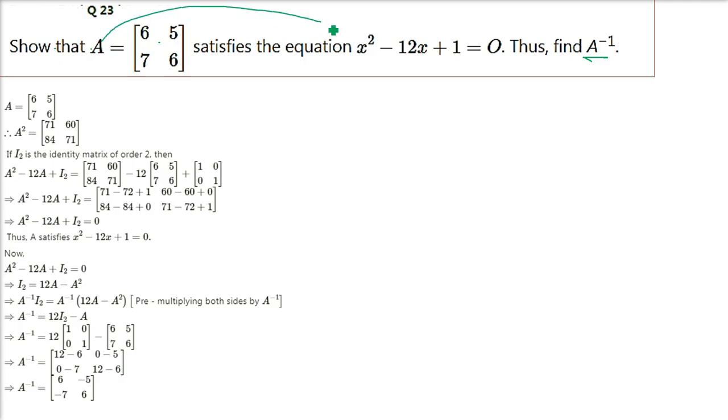A is actually satisfying here. So A squared minus 12A plus 1, you will not write 1 then. You have to write the identity element here, it will be I2. Then you do the same thing which I told you, and then you can find the A inverse.